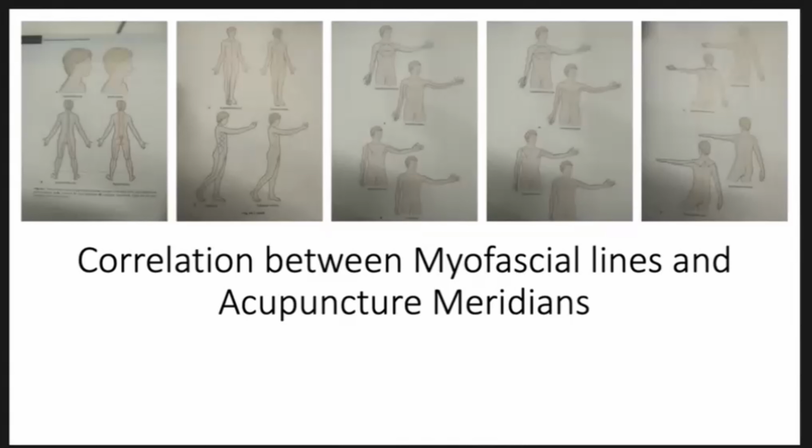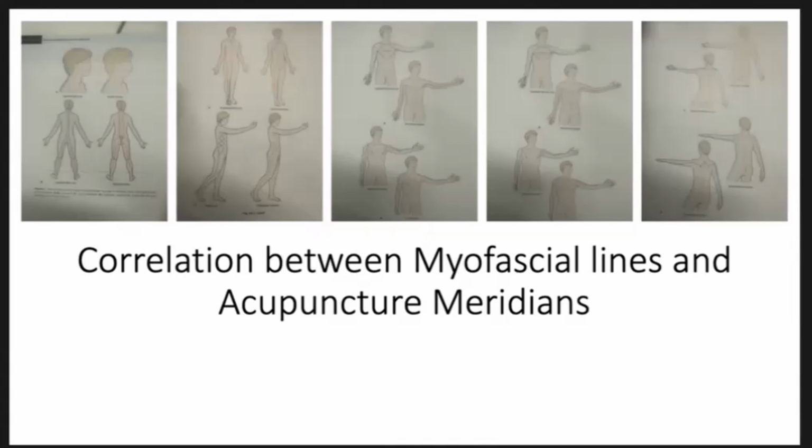I don't know if you can see my dummy, but if you can, these are the lines we're talking about, all these meridian lines. And what's so interesting is that the myofascial slings, the physical thing that we can see, correlate so strongly with the meridians in our body.